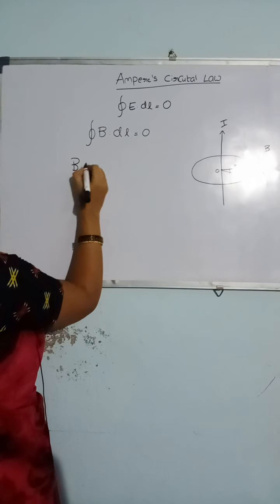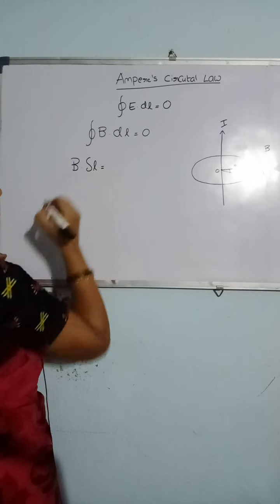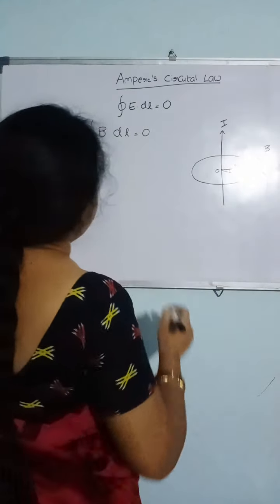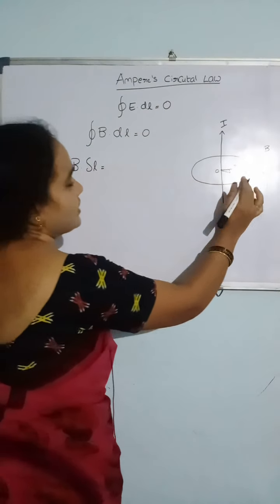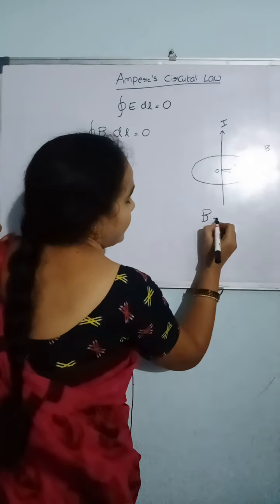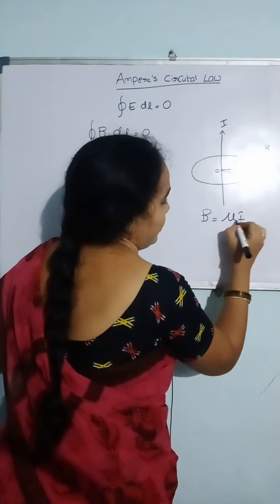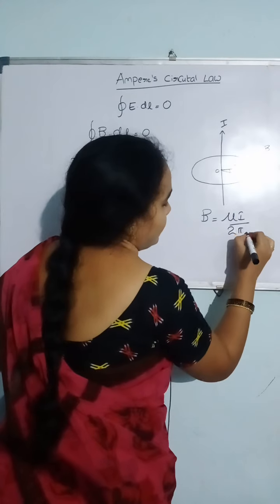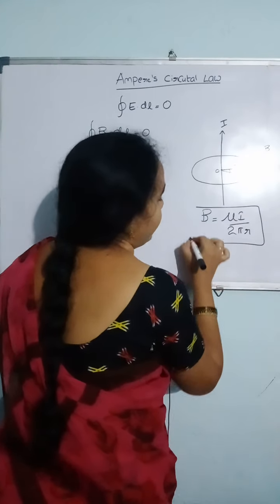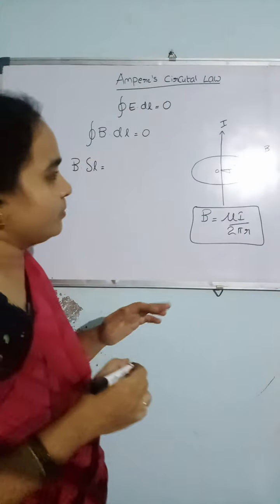The magnetic induction generated at that particular length element delta L can be written as B dot delta L, where the magnetic field due to a straight current carrying conductor is mu I by 2 pi r. This formula you have already derived in your degree textbooks.